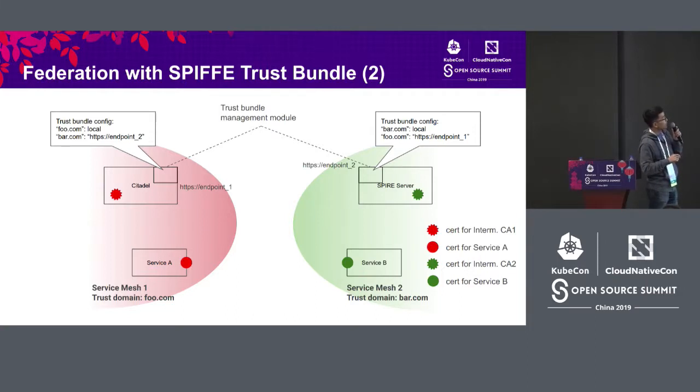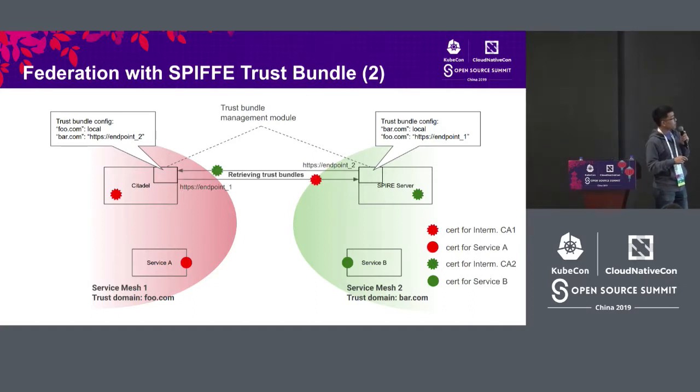The Istio admin configures the consumer side to obtain, for example, the foo.com certificate is local. So that means you don't need to go to an endpoint to get that. It's used locally. But for bar.com, which is this domain, it points to endpoint 2, which is this guy, right? And on the other side, it's a similar thing.